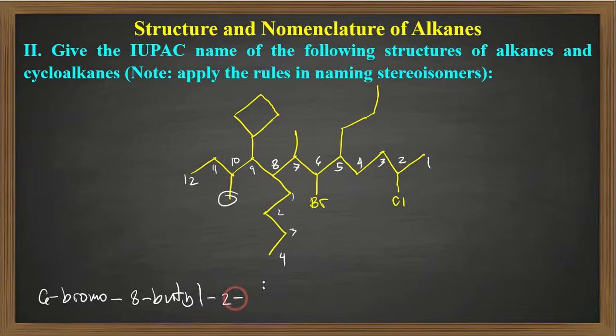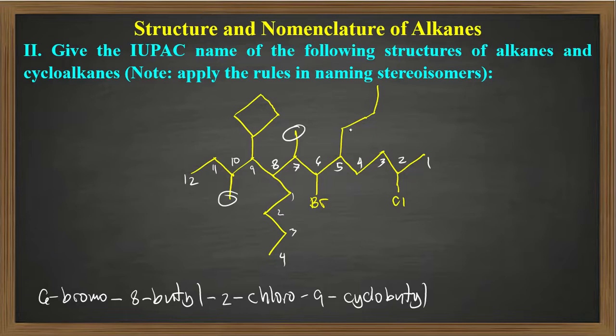Again, arrange our substituents in alphabetical order. So we have 2-chloro, followed by our cyclobutyl here in carbon number 9, 9-cyclobutyl. Alright? And then followed by the two methyls in carbon 7 and carbon 10.